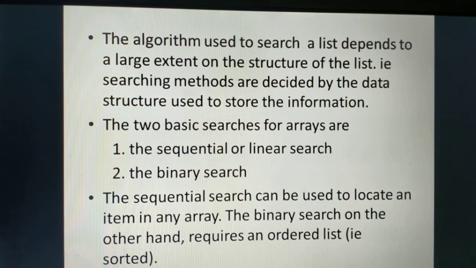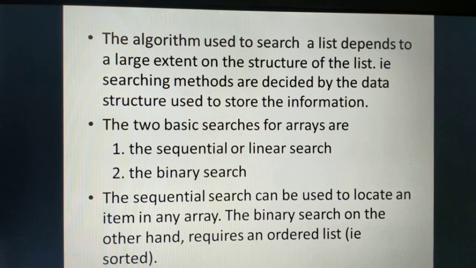That is, searching methods are decided by the data structure used to store the information. We also studied in the first lecture why we require data structures. So in the case of search algorithms, to retrieve the data from our computers, from the RAMs, it is very important to understand how the storage takes place. How to store appropriately is of much importance for the retrieval of the data.